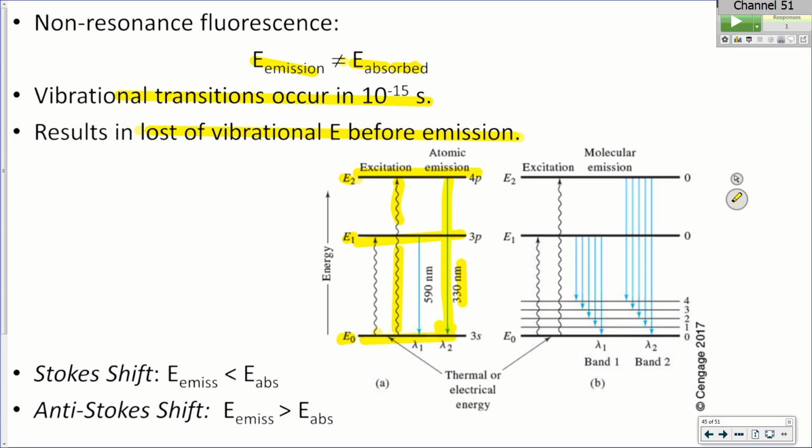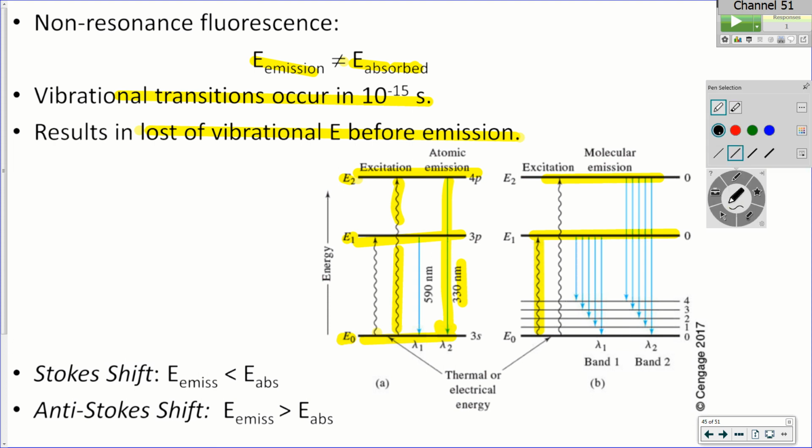Now, what happens with molecular species is that when you have your excitation or absorption event, it goes up, and this is just to simplify the graph, they show it going up to an electronic excited state. But I just want to emphasize, in reality, there's all these other vibrational levels in here that are coexisting. So it could go up to any of these other ones too.